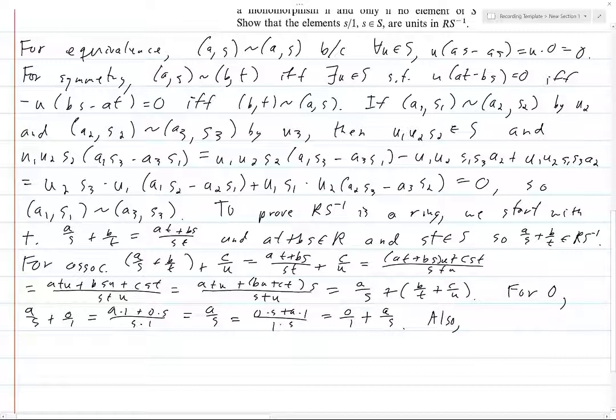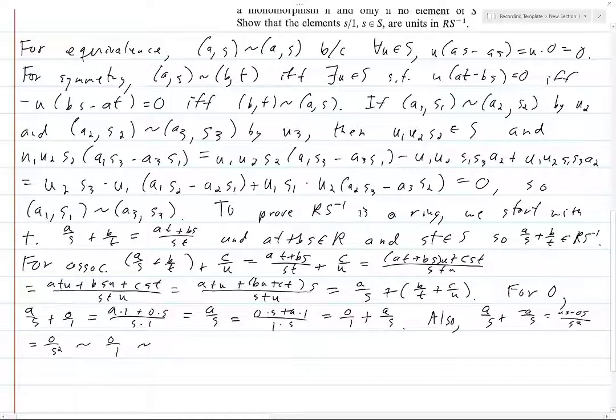So also we want to do inverses. A over S plus negative A over S equals (AS minus AS) over S squared, which is equal to 0 over S squared, which is equivalent to 0 over 1.